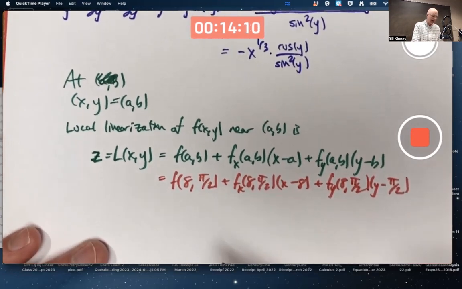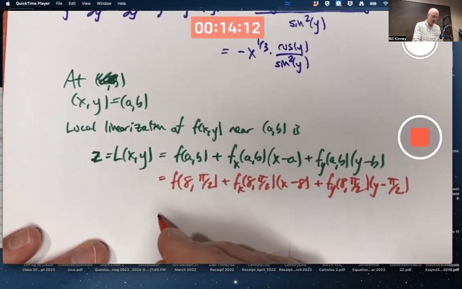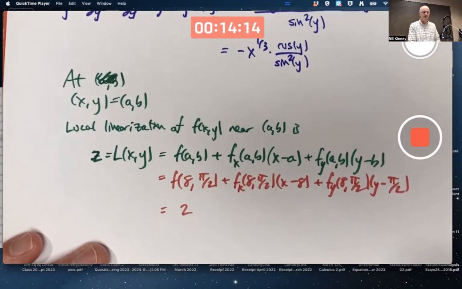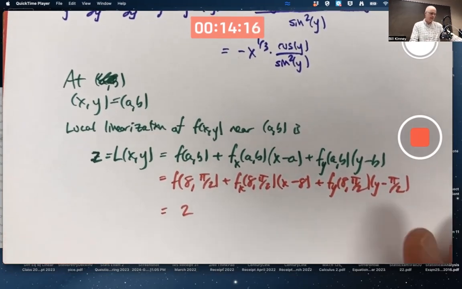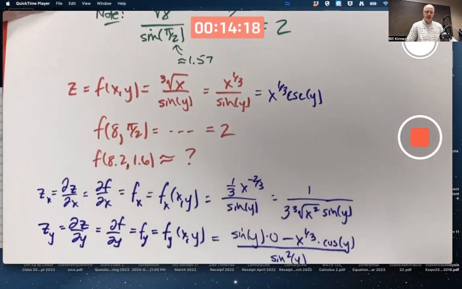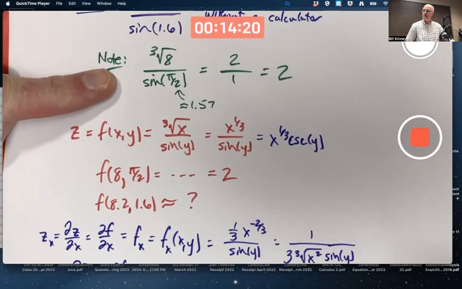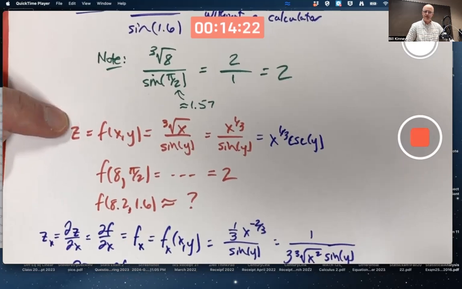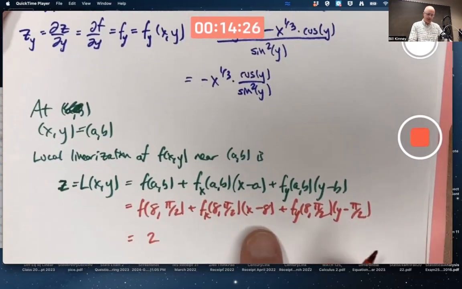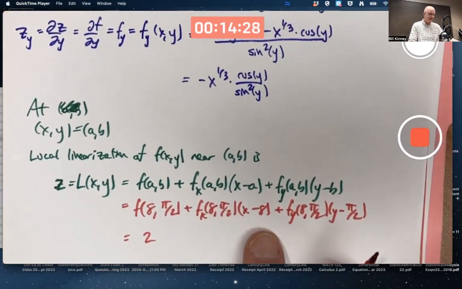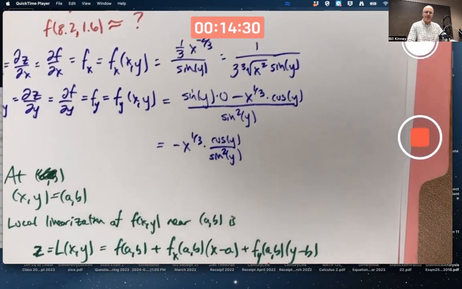We saw already that f of 8, pi over 2 is 2, right? That was the calculation up here. How about these partial derivatives at the same point? We haven't done that yet.